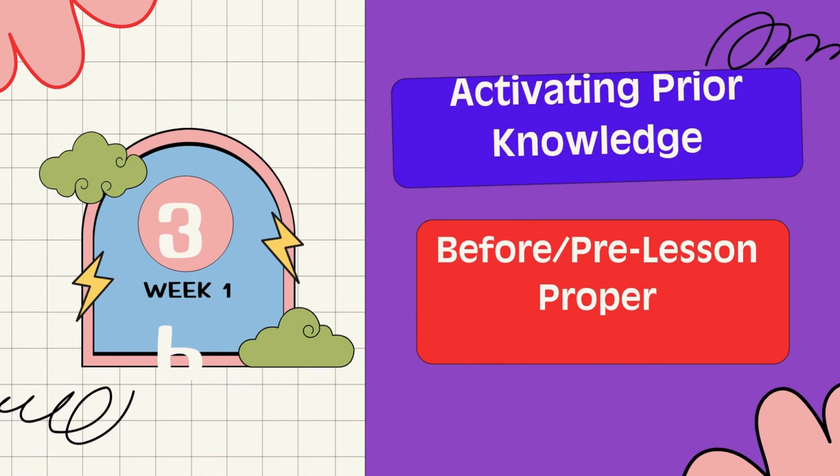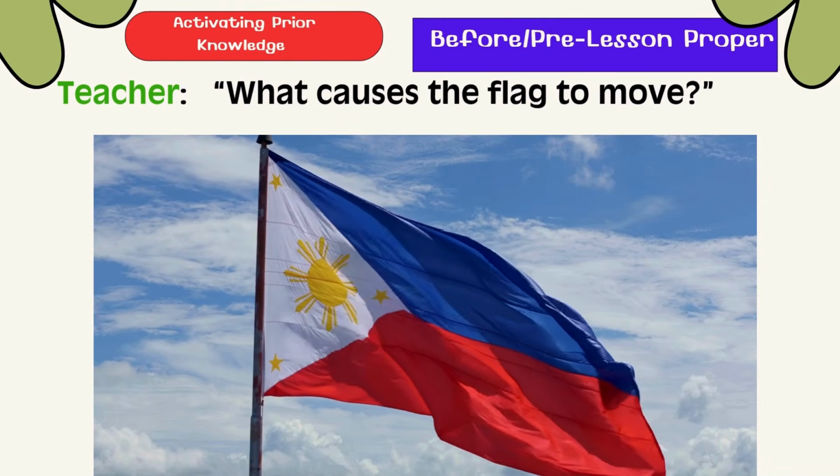Activating prior knowledge. What causes the flag to move?